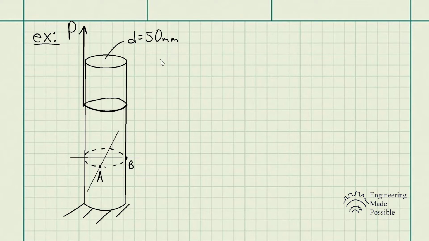So we're being asked to determine the maximum P that could be applied to this rope or string, whatever you want to refer to it as, such that it won't exceed the allowable axial stress of 30 megapascals.